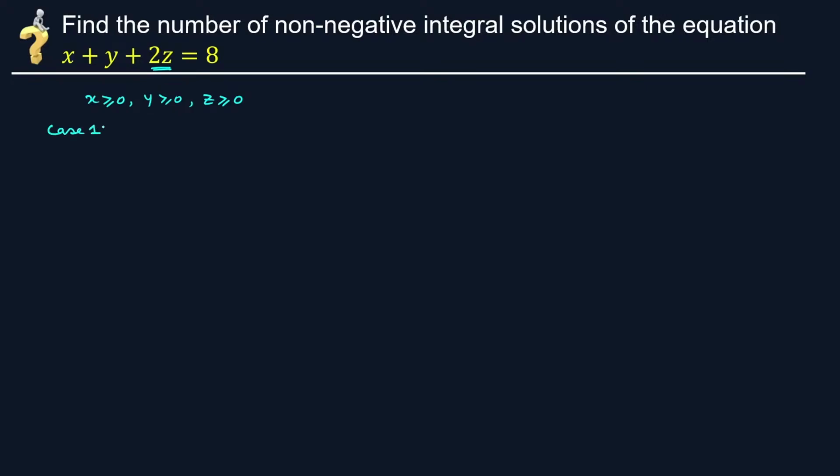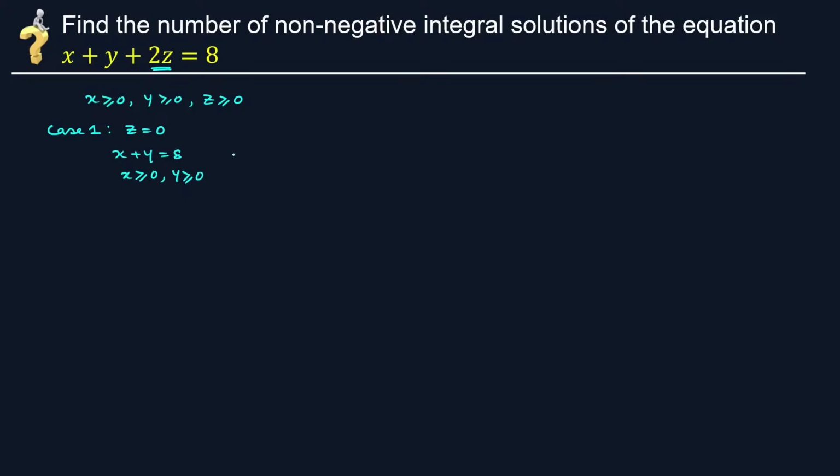Case 1. When your z is 0, then your x plus y becomes 8. In this case, x is greater than or equal to 0 and y is greater than or equal to 0. So here I am free to use the partition or Beggar method.